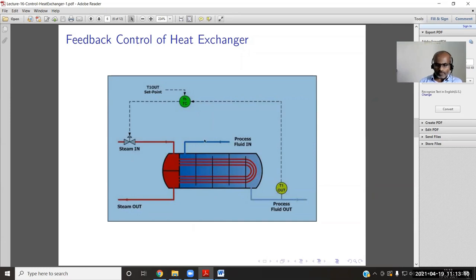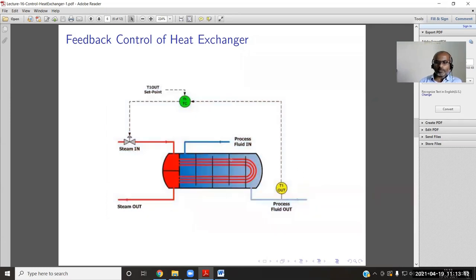In what sense? We have the perfect model of how the inflow temperature or the inflow flow rate affects the outlet temperature. That model is known to us. So this feed forward control is applicable only when you have a very good model of the process.